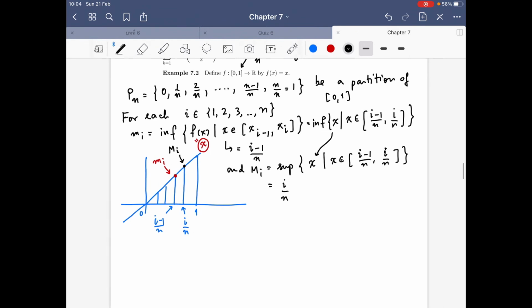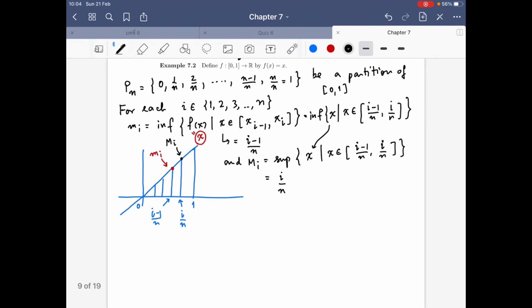So if you have your small m_i and capital M_i, you can immediately calculate your lower sum, which is m_i times (x_i minus x_{i-1}). Each and every subinterval has length 1 over n. Don't forget that the running parameter is only i.